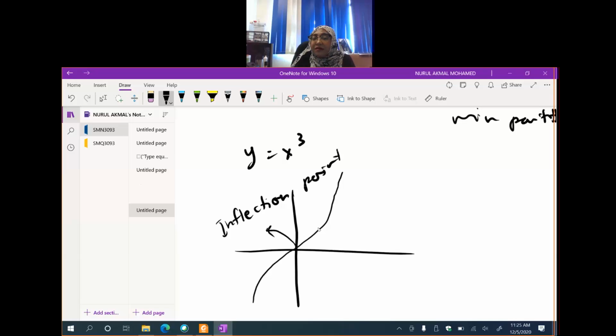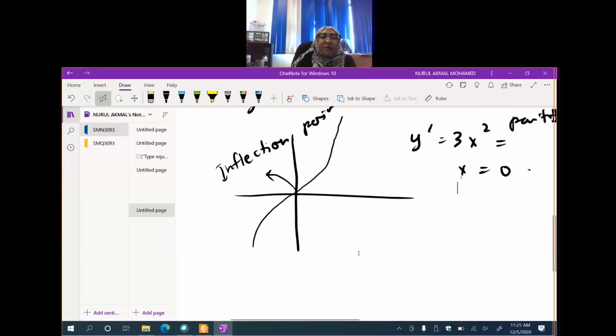But we have to determine whether this point is an inflection point. If we differentiate y equal to x cubed, we will have y prime equal to 3x squared, and if we let this equal to 0, we will have x equal to 0. At first, we might think that x equal to 0 might be a minimum or maximum value. But we have to check.